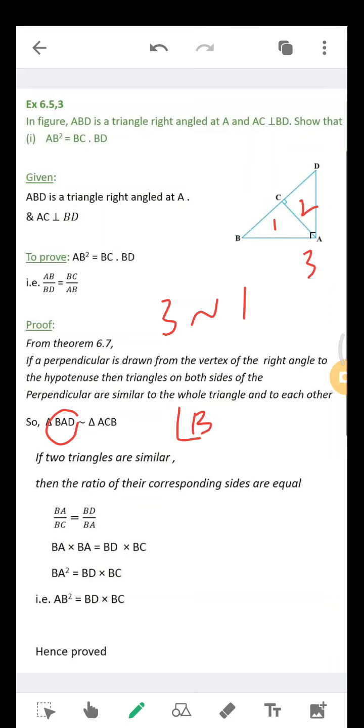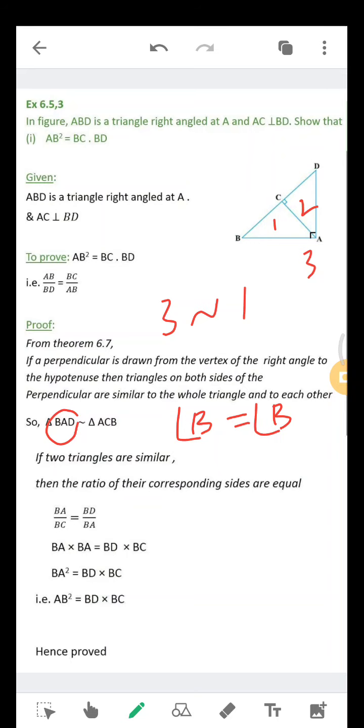And this should not be named as ACB; this should be named in a different way. In triangle BAD, angle B, and in triangle BCA, I should name it as BCA. Angle B and angle B is common in this.